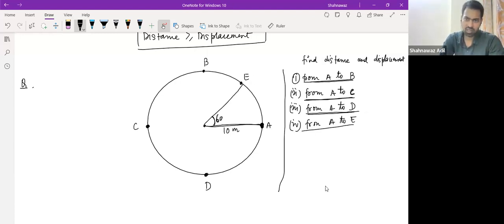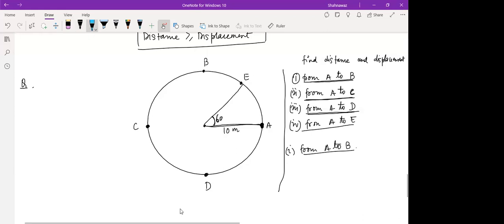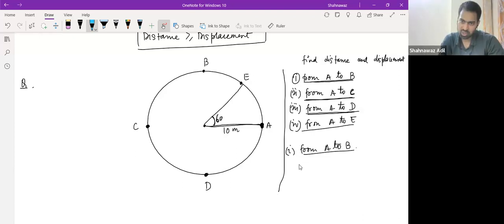So now let us come to the first question, from A to B. What would be the distance? The distance would be the arc length AB, right?